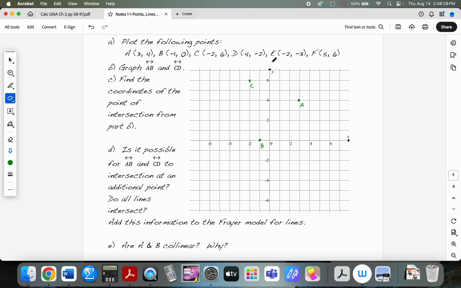D is at coordinates 4, -2. E is at coordinates -2, -3. F is at coordinates 5, 6.